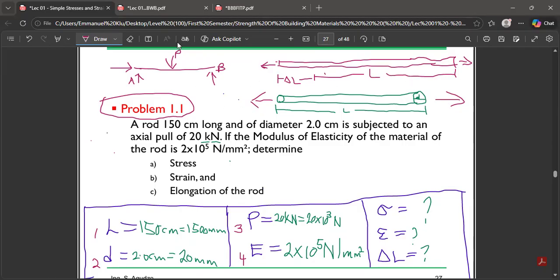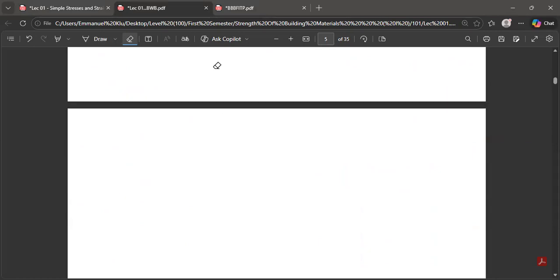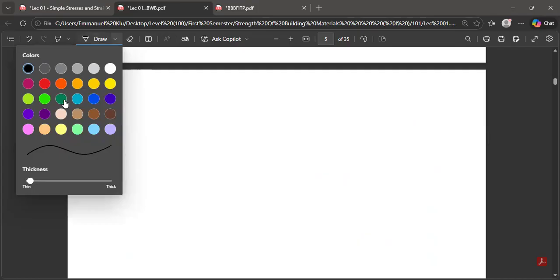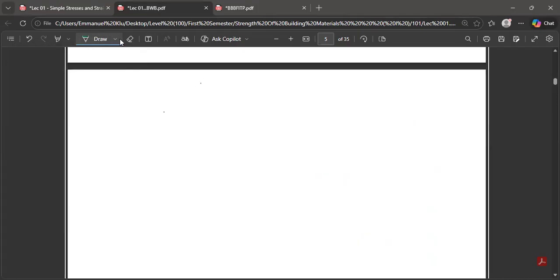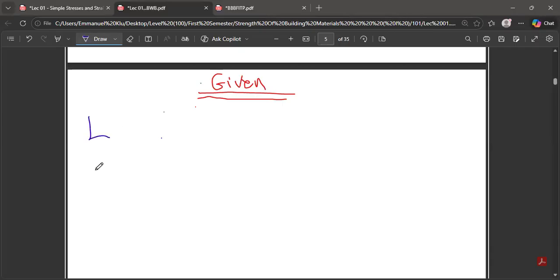Okay, let's quickly open to a fresh page and let's begin our calculation. So this was our given. Let's quickly mention some of the parameters we were writing out there, and then we go.